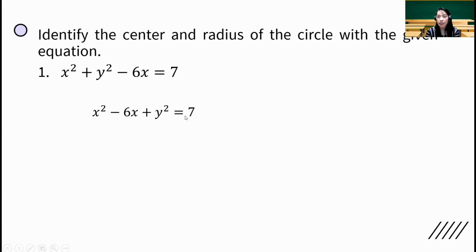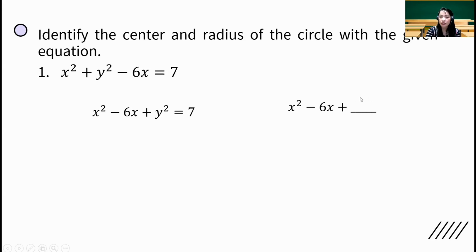Next step is for us to complete the square in terms of x. Since there is only one term with y, there is no need to complete the square for it. Meaning, the y-coordinate of the center is 0. So, to complete the square in terms of x, we have to get the constant given x squared minus 6x.